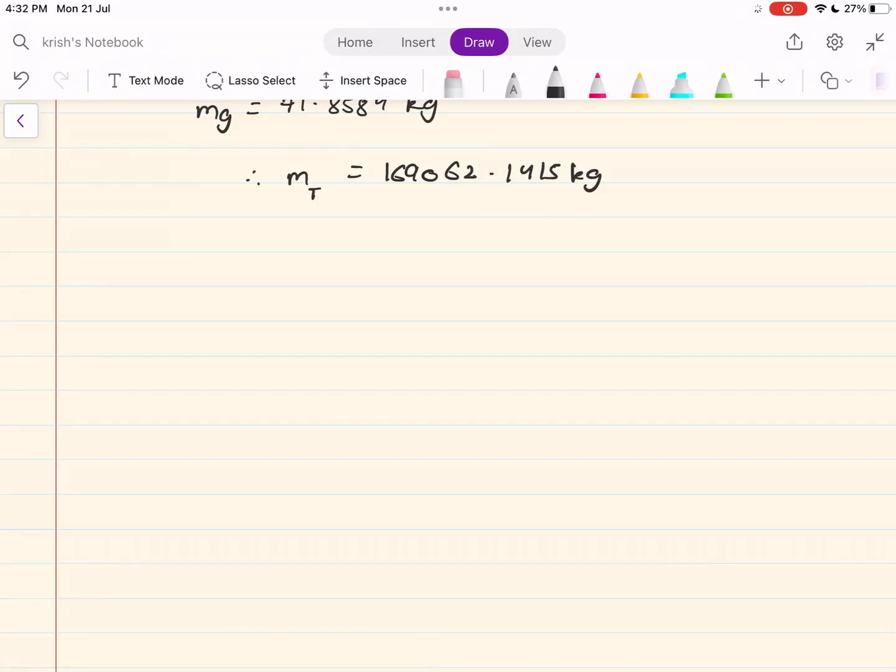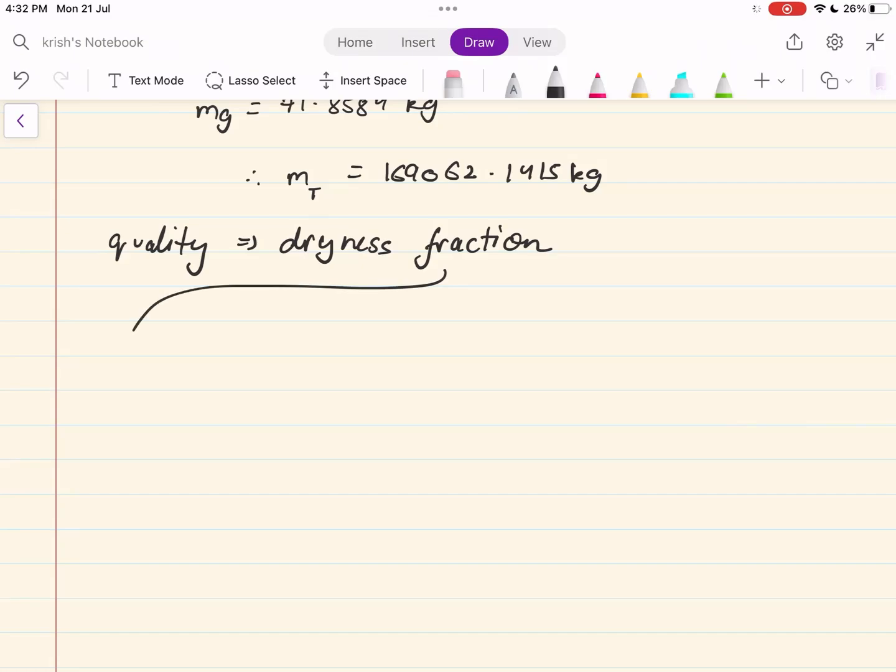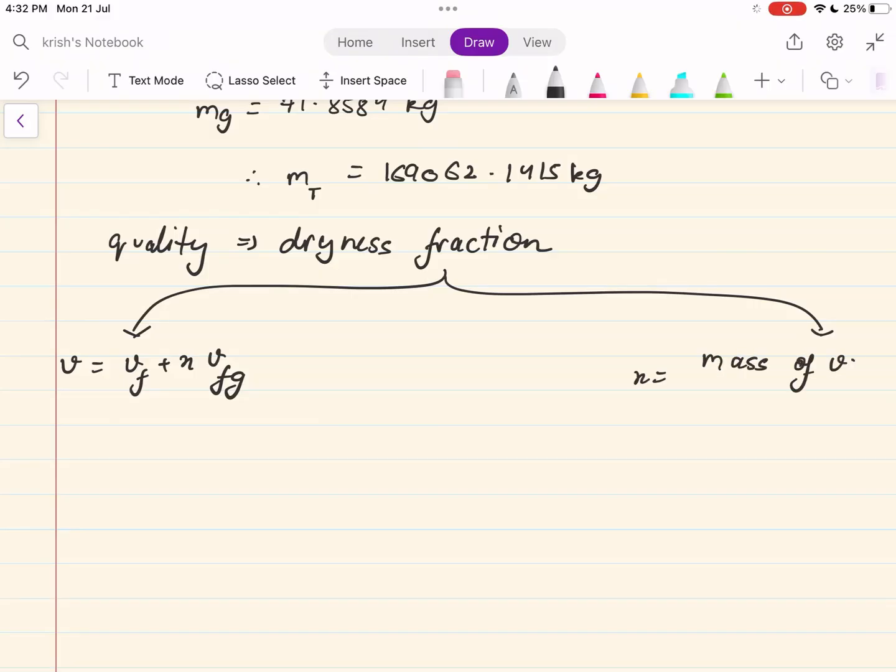So now we have to calculate quality, which means we have to calculate the dryness fraction. Now there are two ways to do this. We can use our equation of small v equals Vf plus x into Vfg, or we can use the definition x equals mass of vapor by total mass.